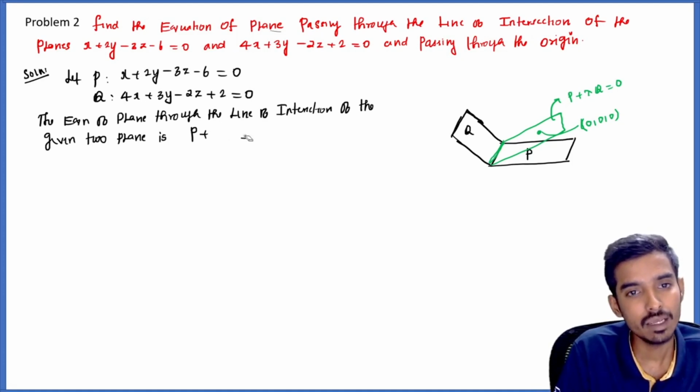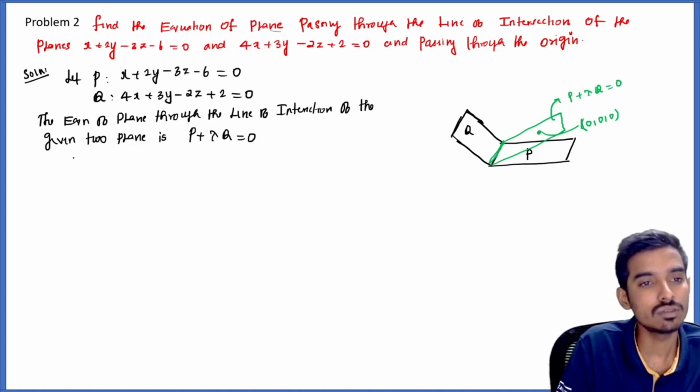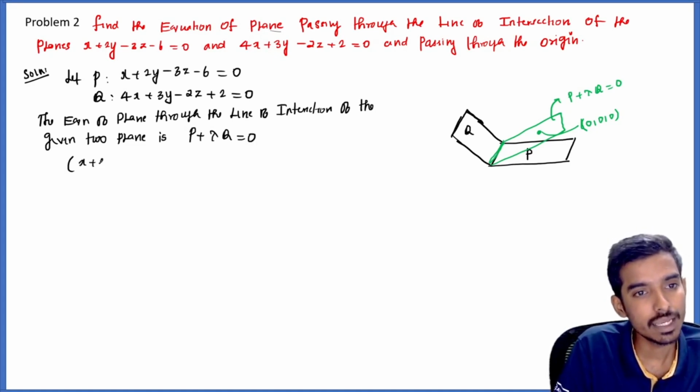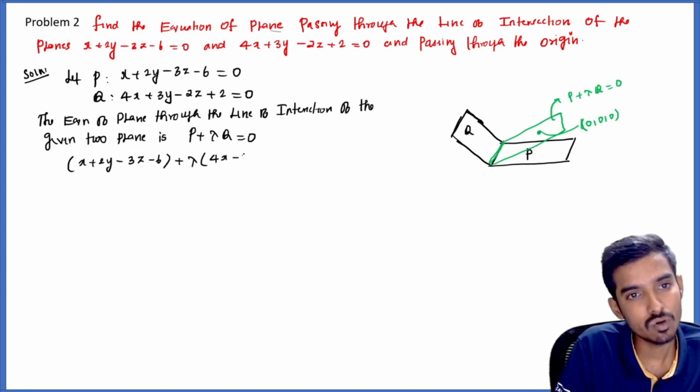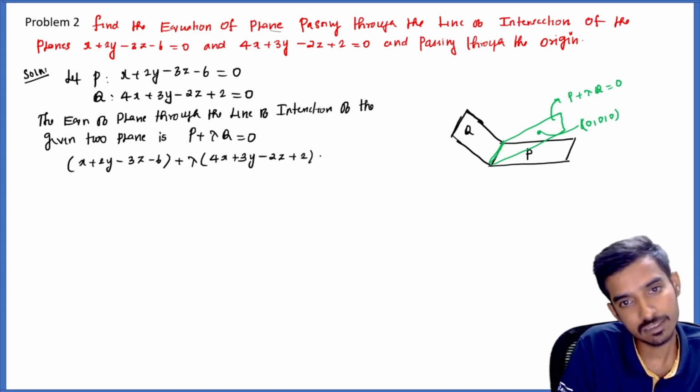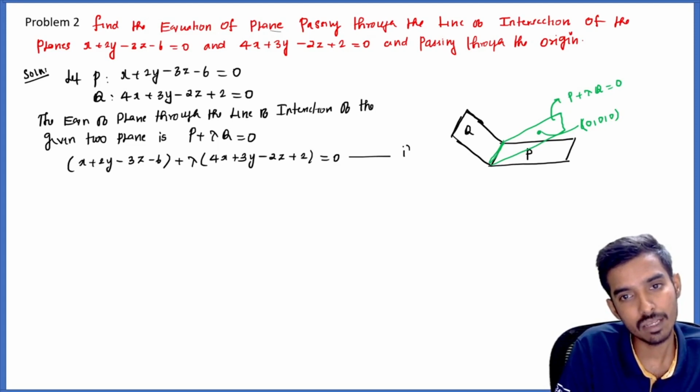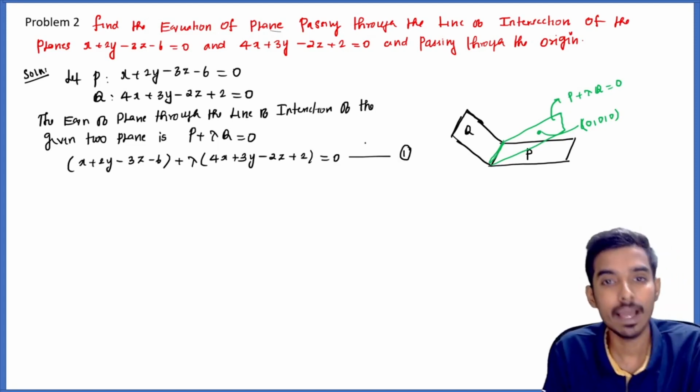It is given by P plus lambda Q is equal to 0. So the required equation is x plus 2y minus 3z minus 6 plus lambda times Q, which is 4x plus 3y minus 2z plus 2, is equal to 0, right? This is the required equation, but we don't know the value of lambda, right?